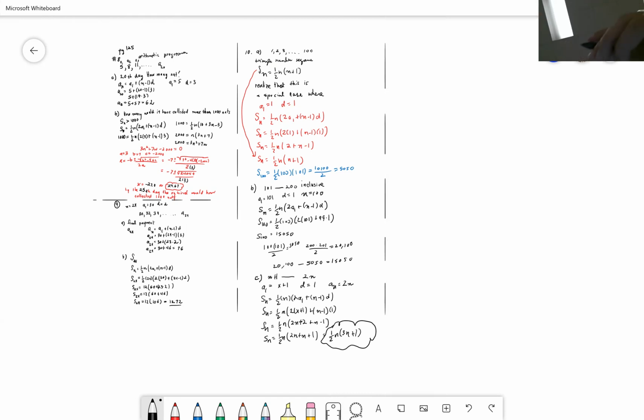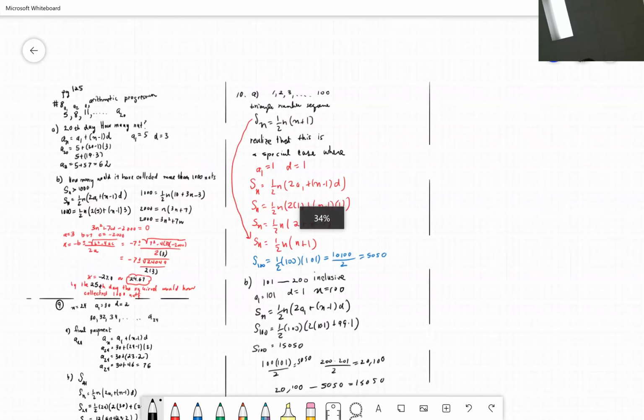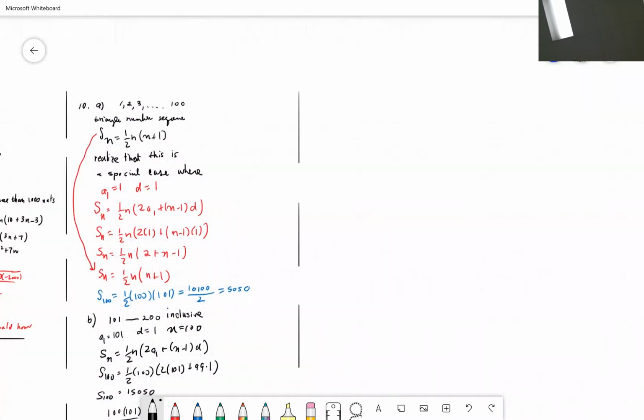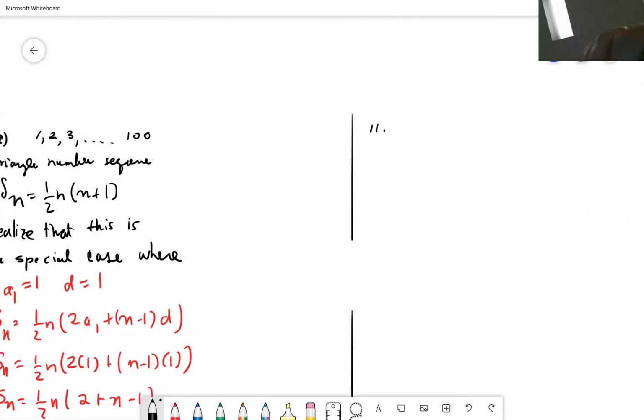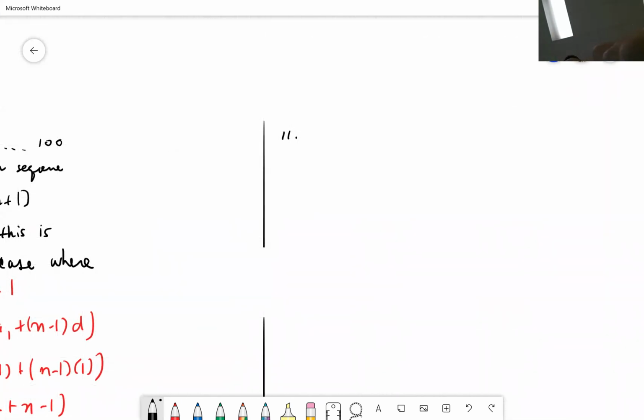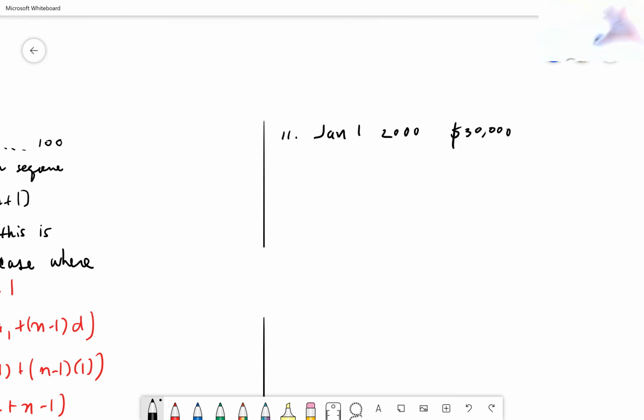Let's take a look at 11. I was reading an email there. An employee starts work on January 1, 2000 on an annual salary of $30,000. So January 1, 2000 is a $30,000 salary.